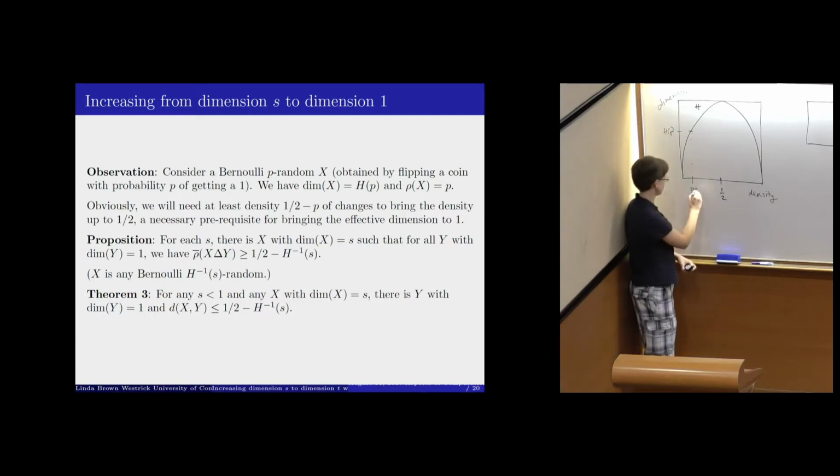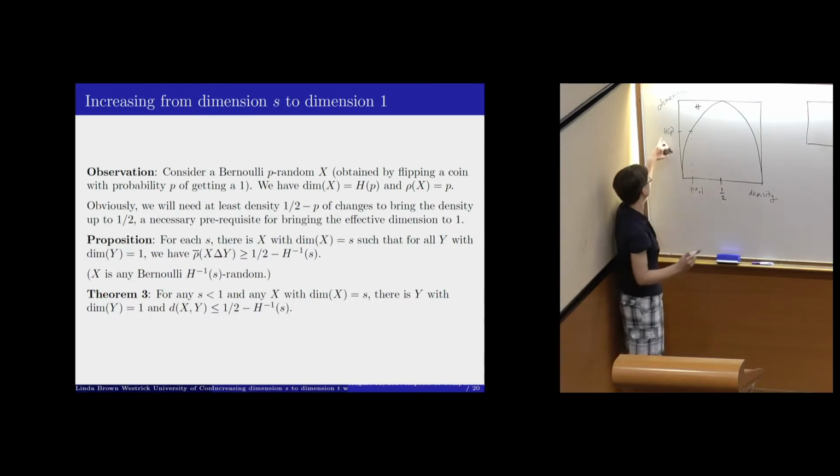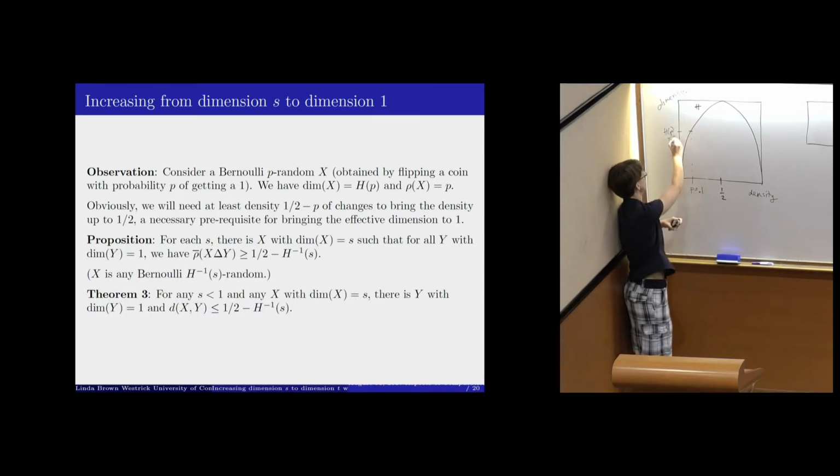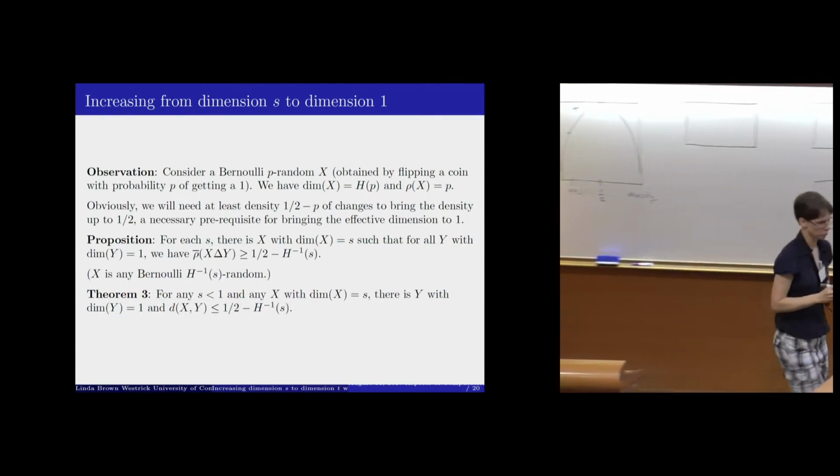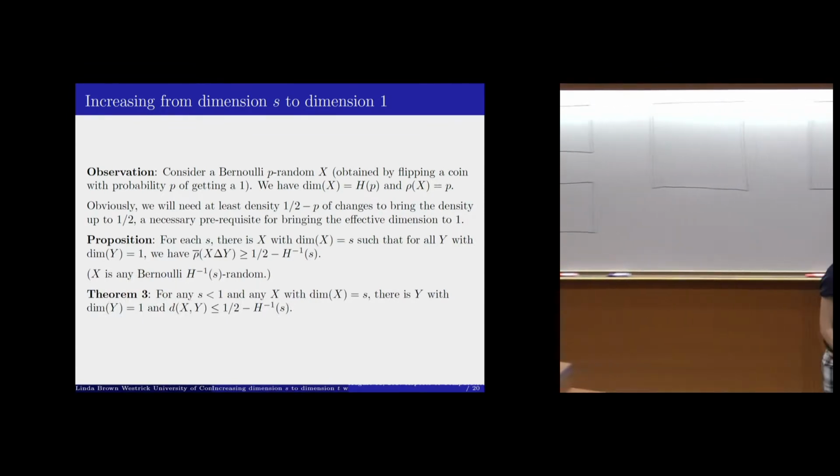For example, if p is approximately equal to 0.01, then you can get H(p) all the way up to a half. So just with Bernoulli 10% random, you can get effective dimension 1/2.